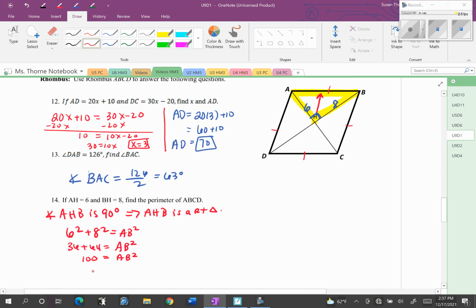We're just going to say that 10 is equal to AB. So for that, then the perimeter is adding up all the side lengths. So that would be 4 of the same side lengths times 10, or you could do 10 plus 10 plus 10 plus 10. Same thing, is equal to 40.